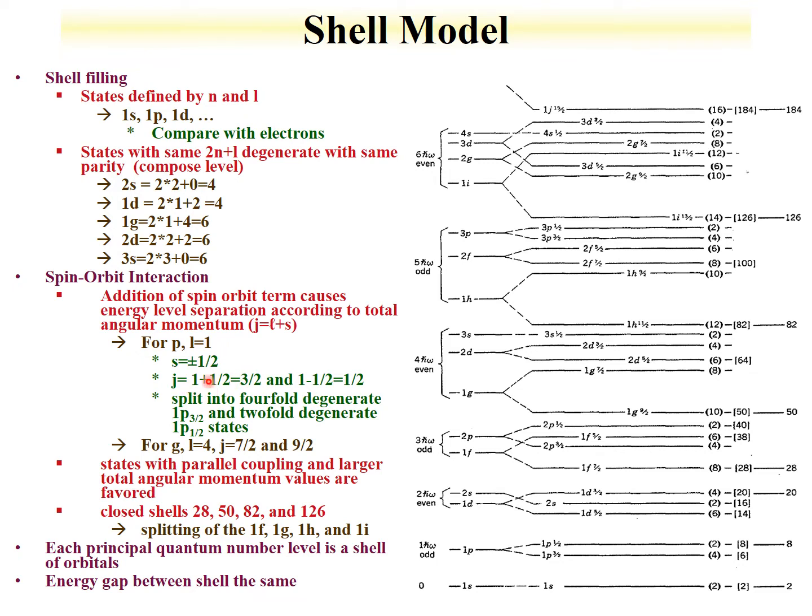So the splitting of the p states will either be a 3/2 or a 1/2 state. And this is split into a fourfold degenerate, in this case, a 1p 3/2, which is shown here, or a twofold degenerate 1p 1/2. When we say a fourfold degenerate p 3/2, it means I can put 4 nucleons into that state. When I say a twofold degenerate 1/2, it means I can put 2 nucleons into that state.